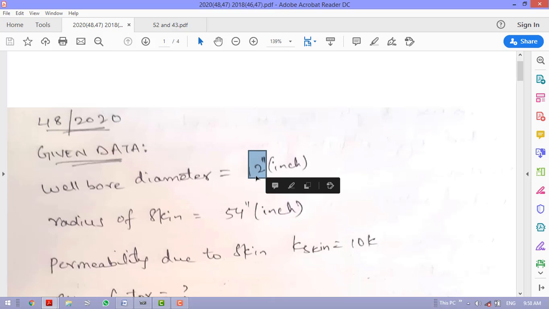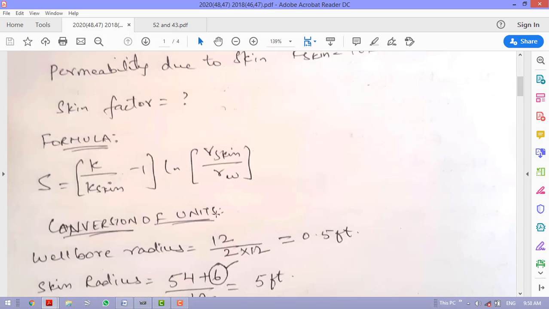To convert this 12 inch into radius, I divide by 2, because d equals 2r. So 12 by 2 is your radius, but it is in inch. To convert inch to feet, I am just dividing it by 12, because 1 foot is equal to 12 inches. So the final answer for wellbore radius in terms of feet is 0.5 feet.